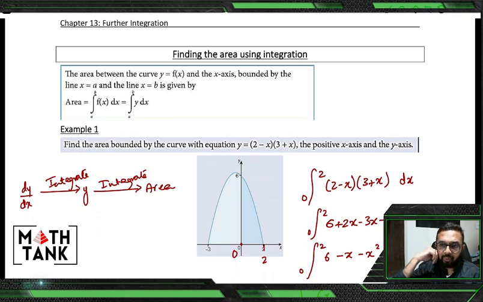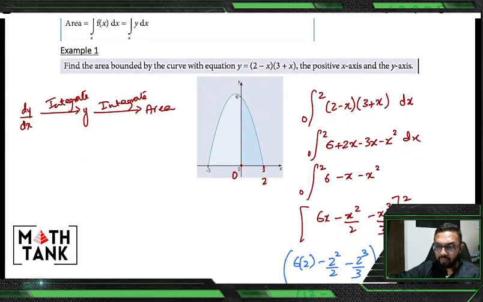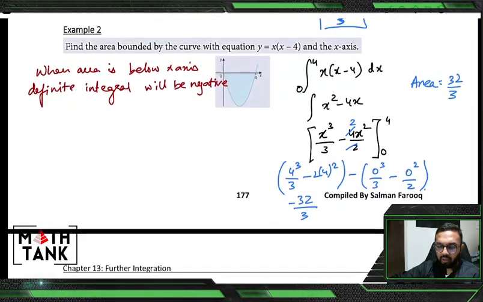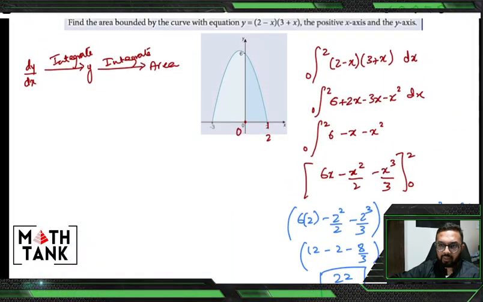So if you are putting in limits for x, you will end up with the area between the curve and the x-axis. If we are putting in limits for y and integrating in terms of y, we have a dy at the end, then you are going to end up with the area between the curve and the y-axis.